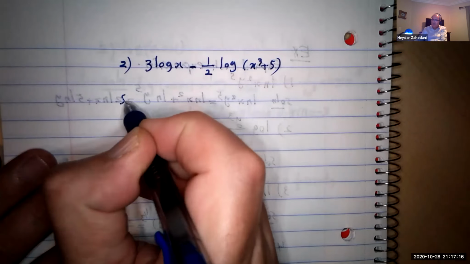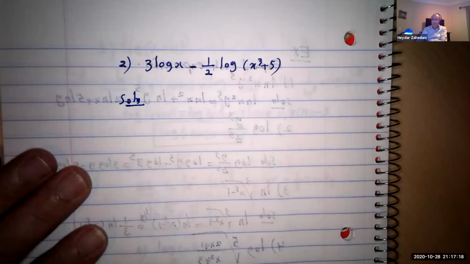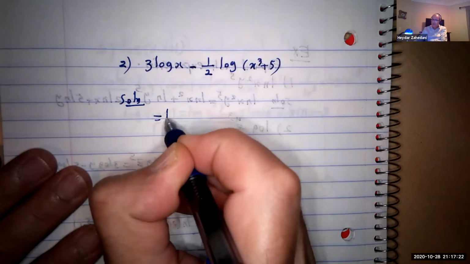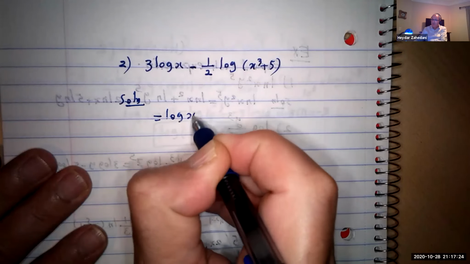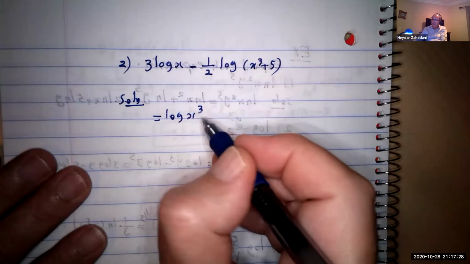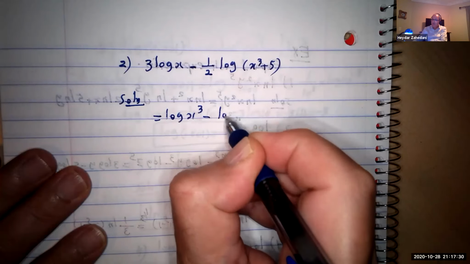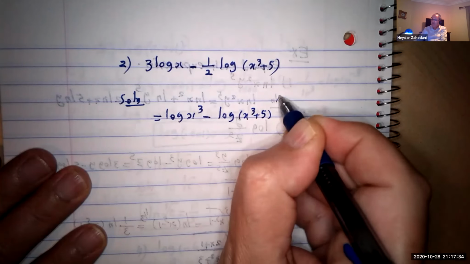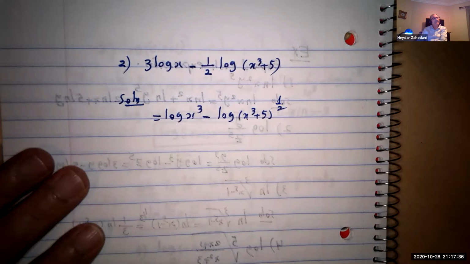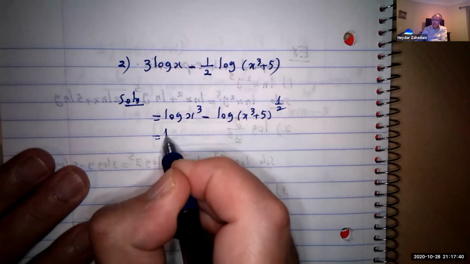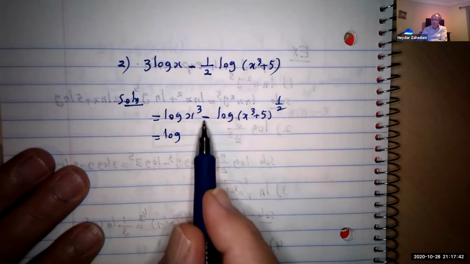So the solution is going to be equal to the log of x cubed, move the half up, minus the log of x cubed plus 5 to the 1/2. Now we change it to the single log, but you have minus.